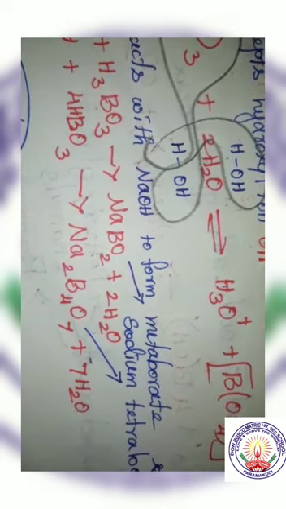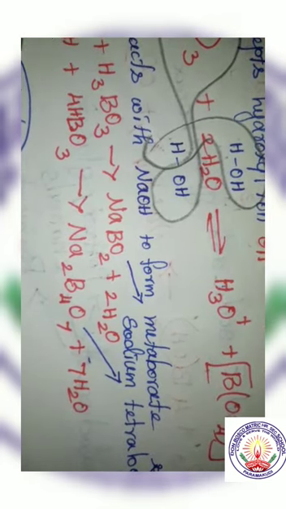So next one is it reacts with NaOH to form metaborate and sodium borate. So see, this boric acid reacts with NaOH and first it becomes metaborate, that is nothing but NaBO2 metaborate plus water.